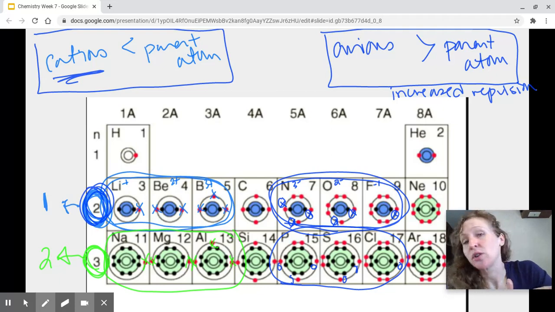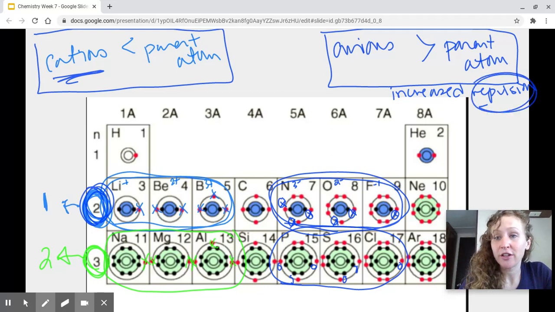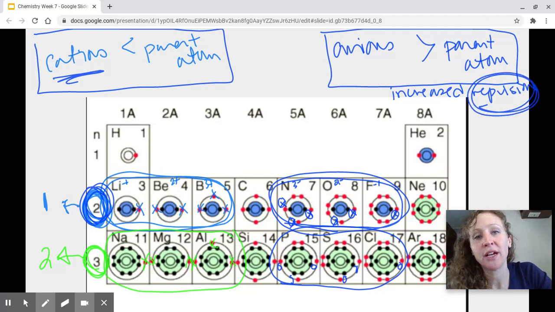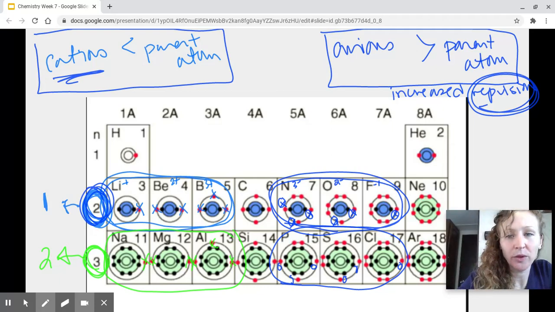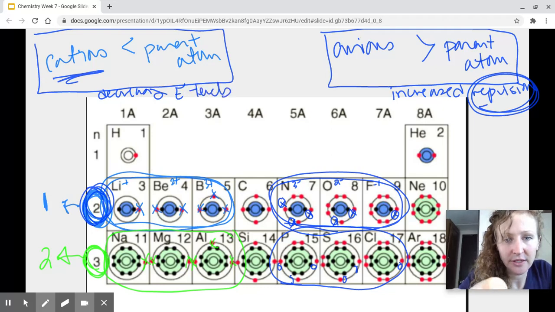Their energy levels don't change, so their size change can't be explained in terms of increasing distance or increasing energy levels. We find a 3rd reason for a periodic trend here only, and that is increased repulsion. We can put the reason for cations decreasing energy levels, aka distance.